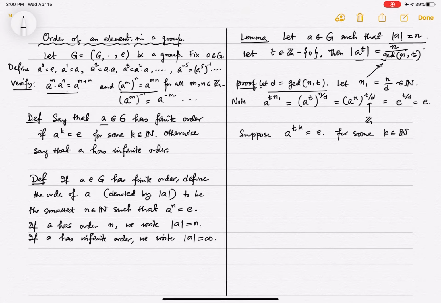Some natural number k. The GCD can be written as a linear combination, right? So here's the trick. Recall, I can write d as a combination of n and t: some number u times t plus some number v times n, for some integers u and v.